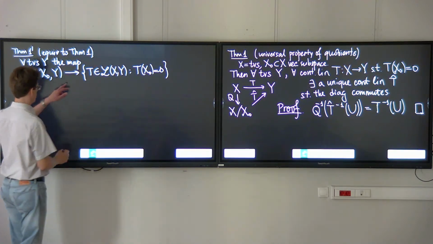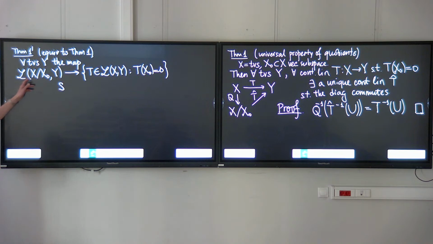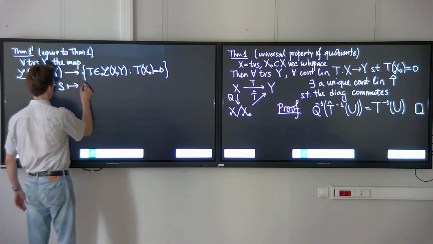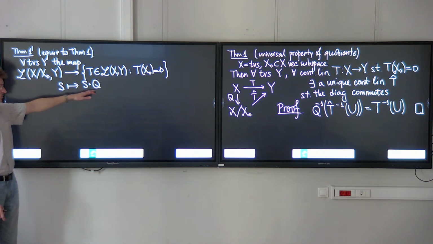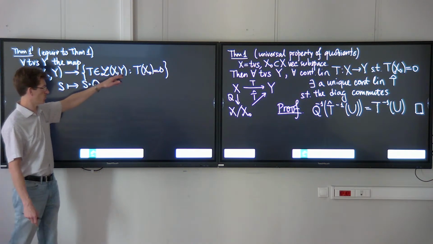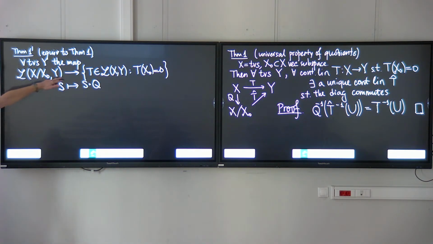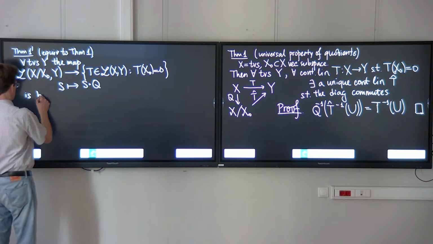And this arrow takes every S, where S acts from the quotient to Y, to S composed with Q. Clearly S composed with Q is a map from X to Y, and it vanishes at X0. So this arrow is well defined, and I claim that this map is bijective.